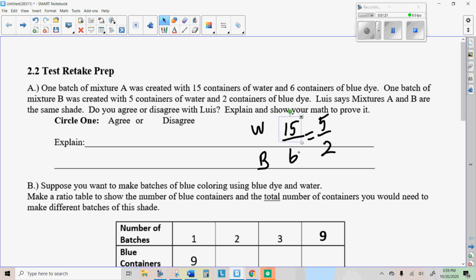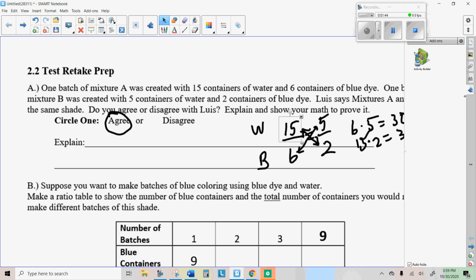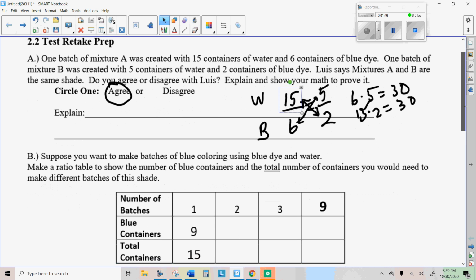One quick way you could tell is just multiply across, find the cross product, see if they're both the same. And when you do that, you get 6 times 5, which is 30, one way. 15 times 2, which is 30 the other way. And so they're the same. So I'm going to say I agree with that. All right, and there's my work to show that.